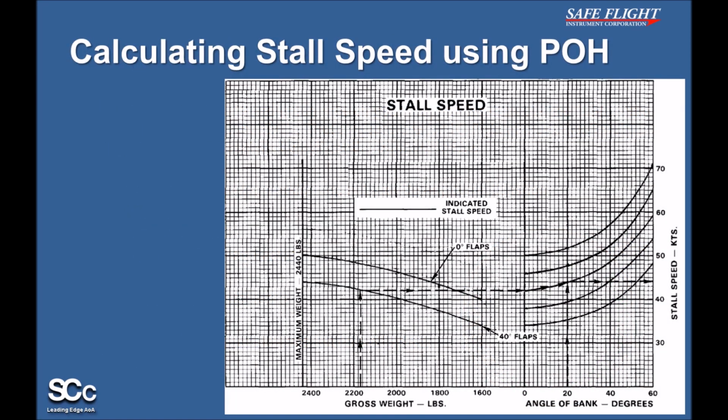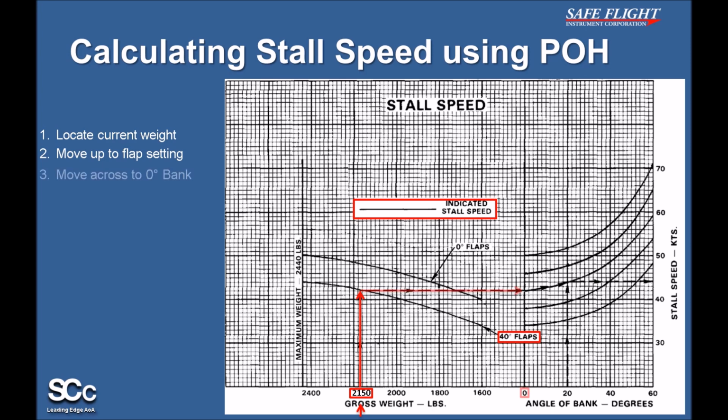Let's see how stall speed is affected by several factors, using the sample stall speed chart from a POH. To read this chart, one must first locate the current aircraft gross weight, which in this case is 2150 pounds. From this reference point, they would move up to the flap setting, which in this case is 40 degrees.